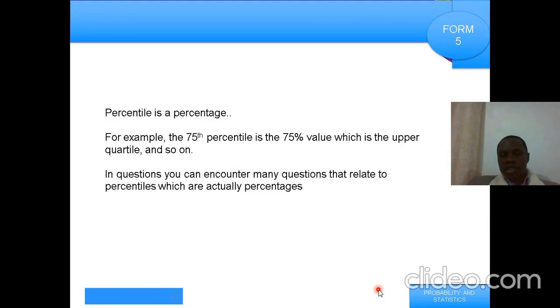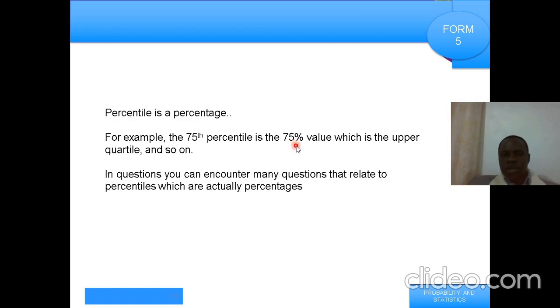From those quartiles, we can also find percentiles. A percentile is a percentage. So the 75th percentile is actually 75% of the data.